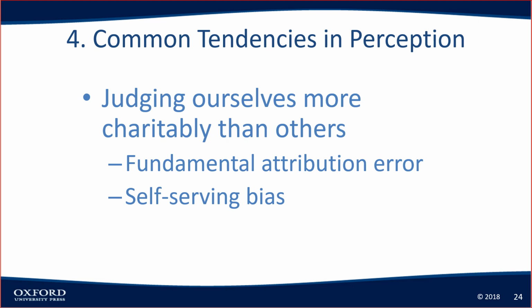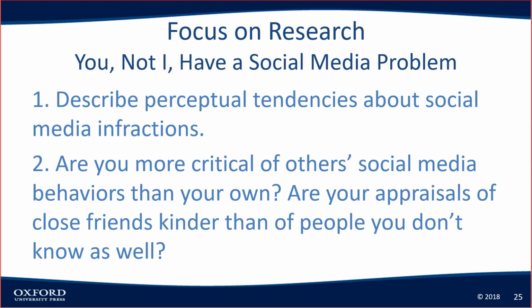A self-serving bias is a tendency to blame external forces when something goes poorly for us, or if we've performed poorly. So we want to make sure that we're credited in a positive way, so we don't take basically responsibility for it. So that's a self-serving bias.